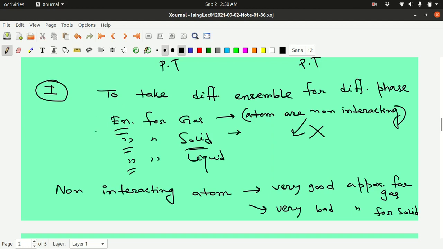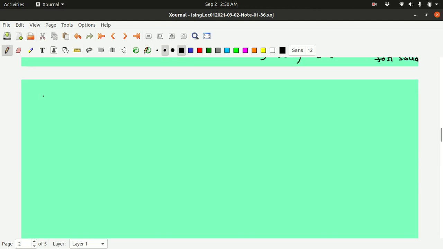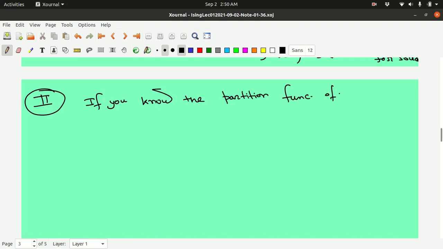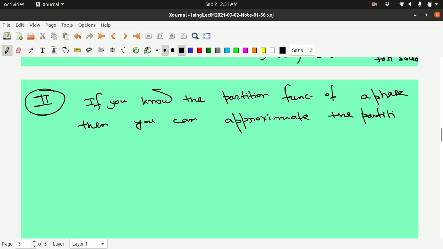The second approach is the following. If we know the partition function of a phase, then you can approximate the partition function of other phases.